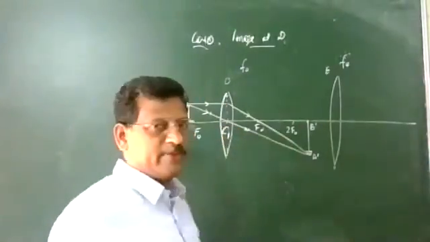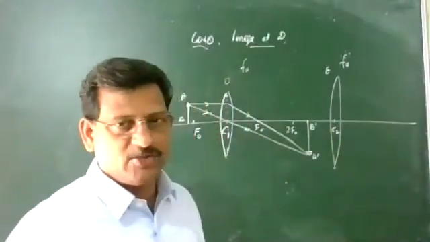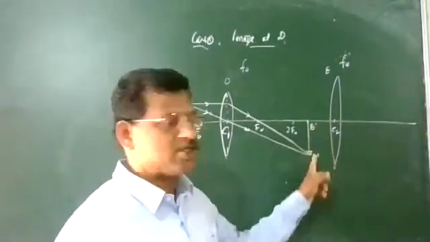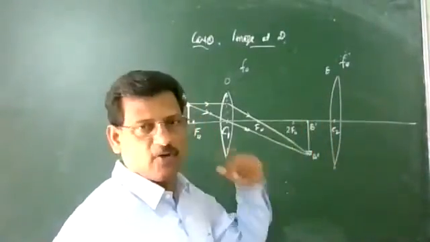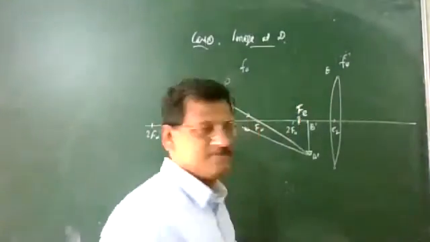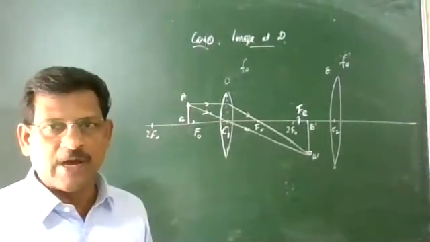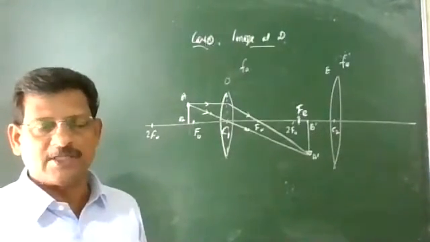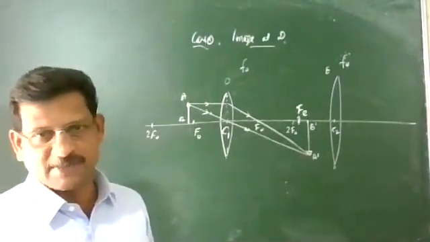C1 I am marking for the optical center of the first lens, C2 for the second lens, and FE for the principal focus of the eye lens. The object is now between the optical center and the focus, and you know where the image will be formed: a virtual, erect, and highly magnified image formed on the same side as the object.